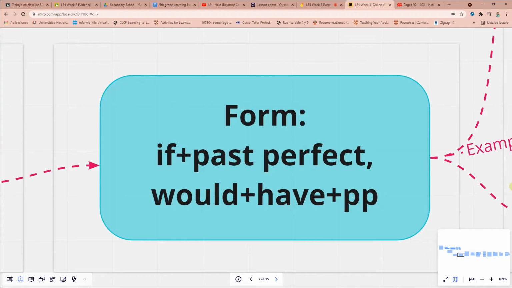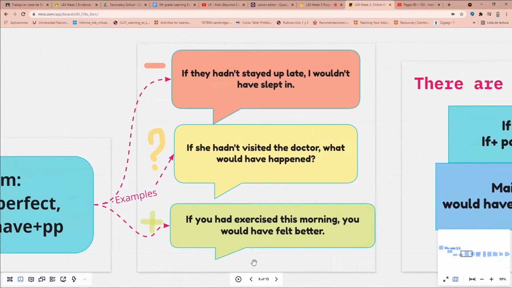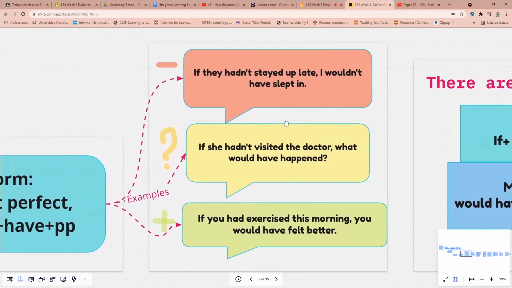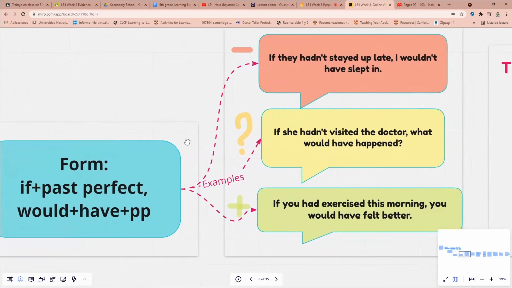Let's see examples. We have a negative example first here. If they hadn't stayed up late, comma, I wouldn't have slept in. As you see, the form is: if plus past perfect, would have plus past participle; negative, wouldn't have plus past participle.